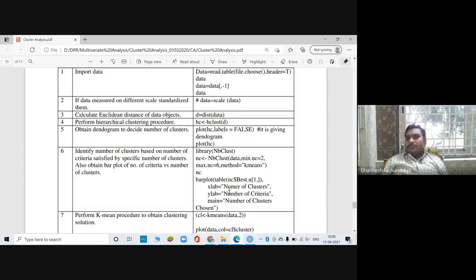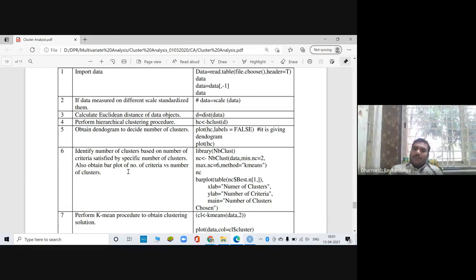It says that if a number of clusters satisfies the maximum criteria, that many clusters can be plausible. You can also make a bar plot. For that you have to find nc dollar best, which contains several criteria, and table finds their frequency, and then you can make the bar plot. It will help you to identify the number of clusters.